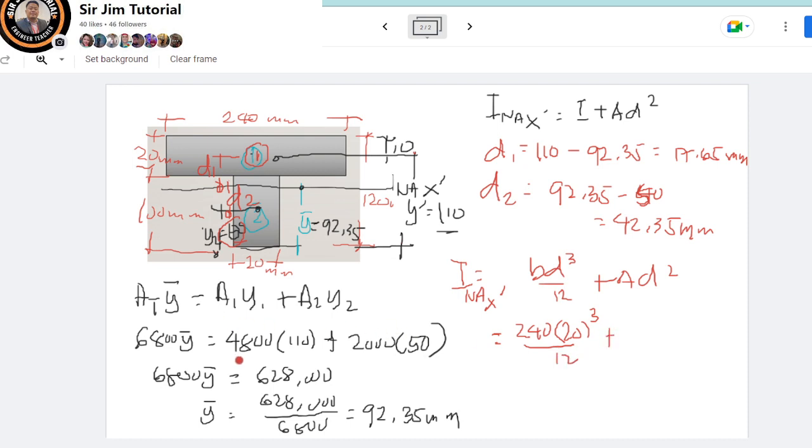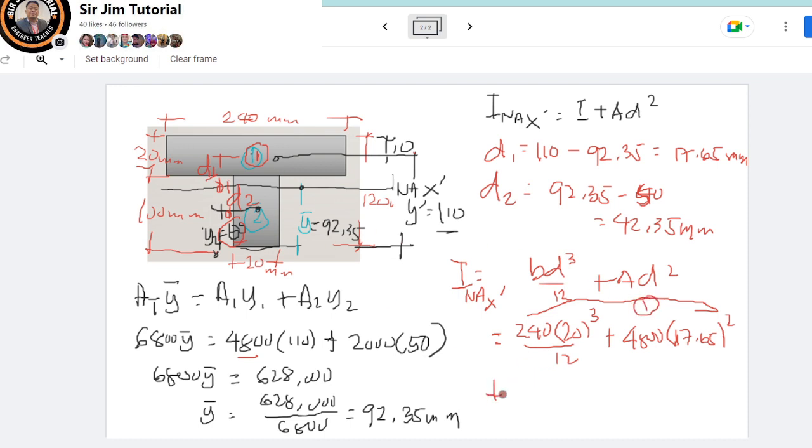Area A1 is given to be 4,800, and d1 is 17.65 squared. This is just for number 1, area 1.